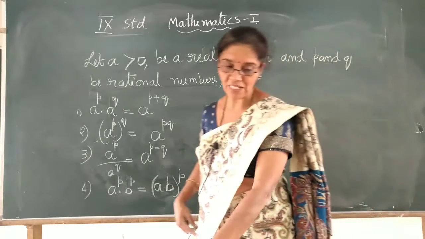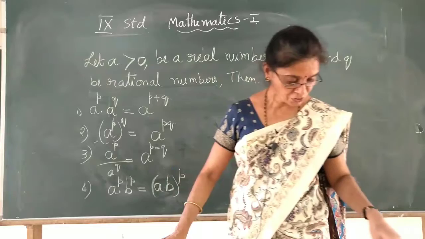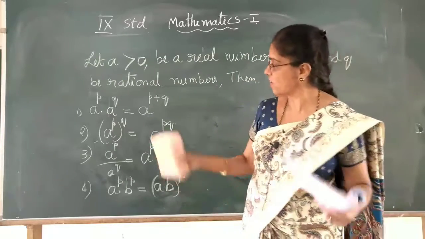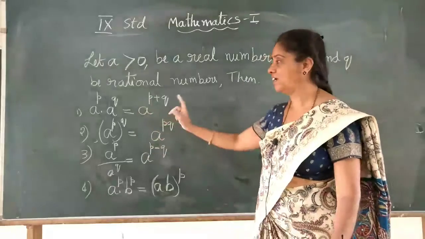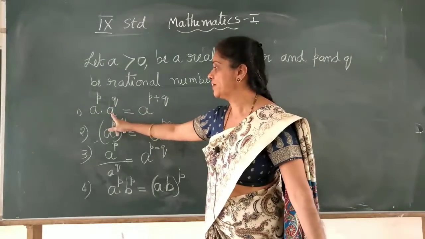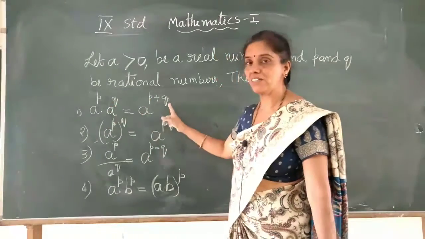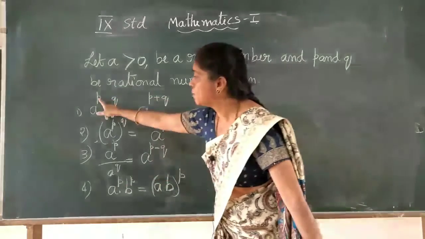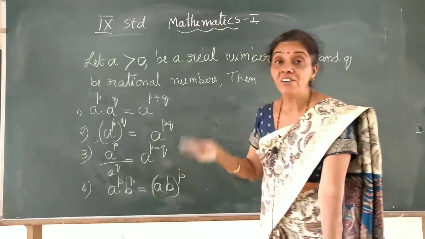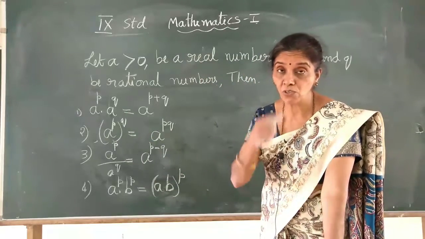And we will do some example problems to understand these laws. So the same laws which you have studied in 8th standard, like a to the power of m, a to the power of n, a to the power of m plus n, the same law can be applied where here p and q are in the form of fraction, rational numbers.